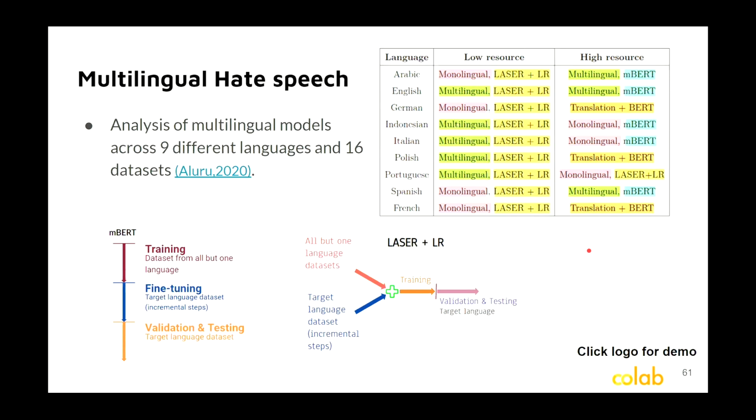In the low resource setting, where there are few training samples, LASER plus LR dominates. LASER is a multilingual embedding, and LR is logistic regression. For the high resource setting, the results are mostly mixed, although we can see that mBERT, which is short for multilingual BERT, is taking dominance in many of the datasets.